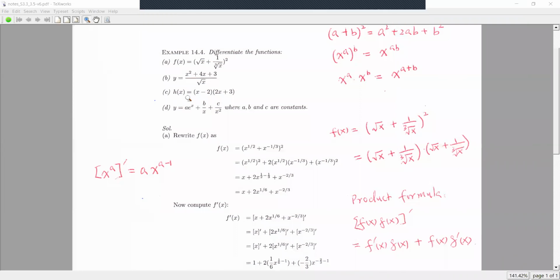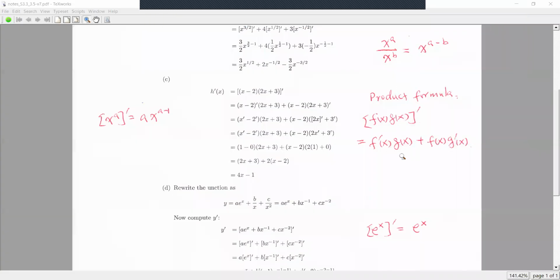Part C. The function in part C is a product. You can simplify the function by expanding the product before computing the derivative. But this time, let me use product formula to compute the derivative of this function.